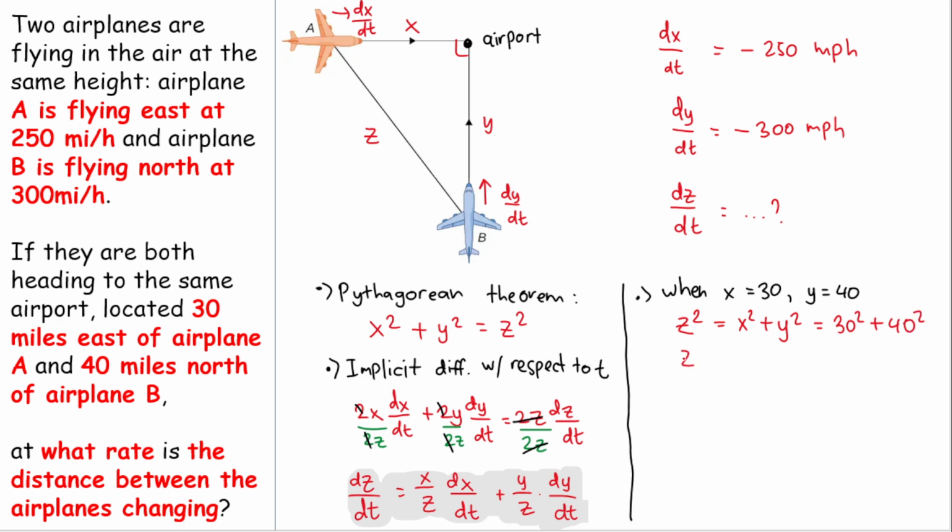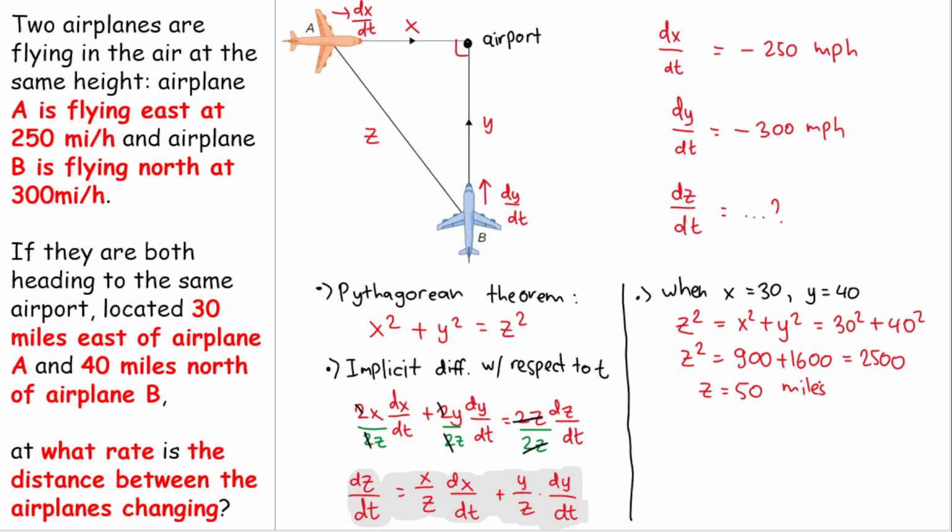So z squared is equal to 900 plus 1600, which is 2500, and so z is equal to 50 miles.